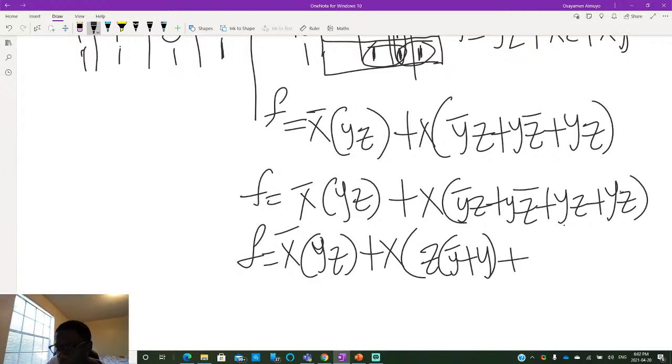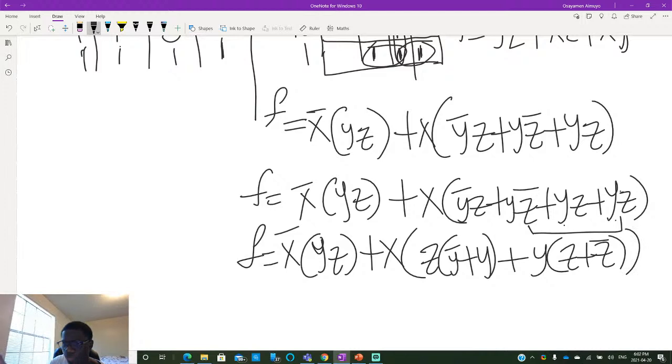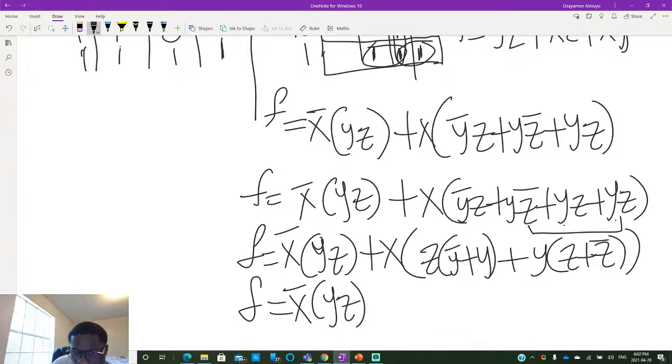And then for these two, it's common, so we can factor out a y, if I'm not mistaken. Then you have a z or z bar. So at the end, we have x bar, yz, or x, and since this is a 1, y or z.